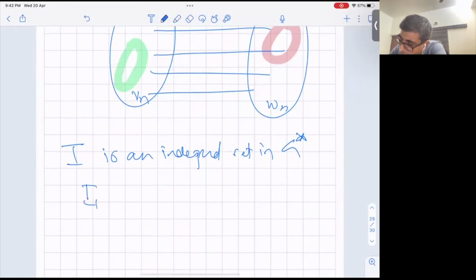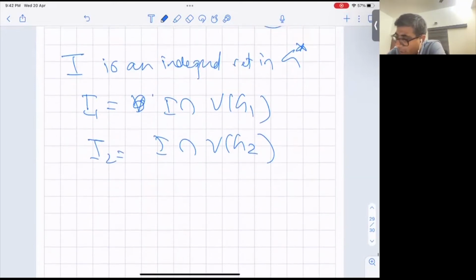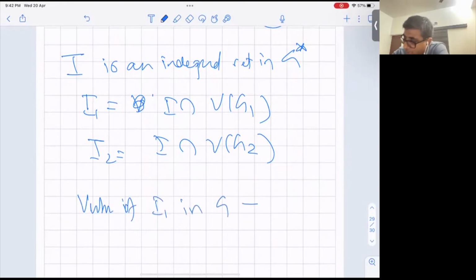Let I1 be I intersection V(G1), and I2 be I intersection V(G2). Now look at the vertices of I1 in G. That is an independent set.